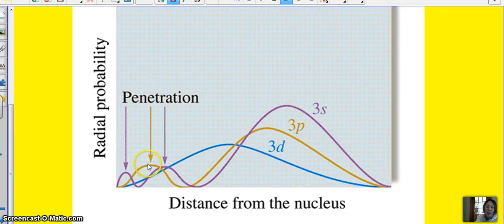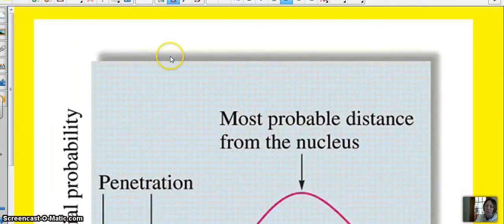And then the next closest to the nucleus sometimes is 3p. And then the next closest is, again, the 3s electron, and then the next closest we have 3d. So 3d starts to come in a little bit further from the nucleus. So the idea that an electron in the p sublevel can penetrate closer to the nucleus than an electron in the d sublevel is the penetration effect, and it results in lower energy.